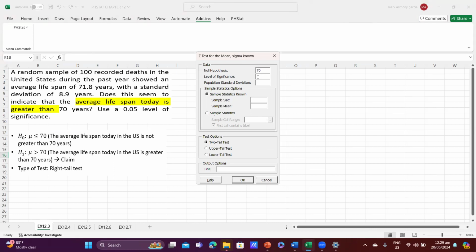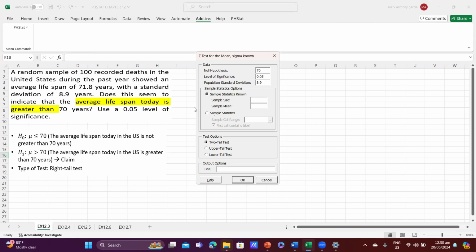And our level of significance is 0.05. And our population standard deviation. Since the population standard deviation is not given here, we will replace it by the sample standard deviation, which is 8.9.